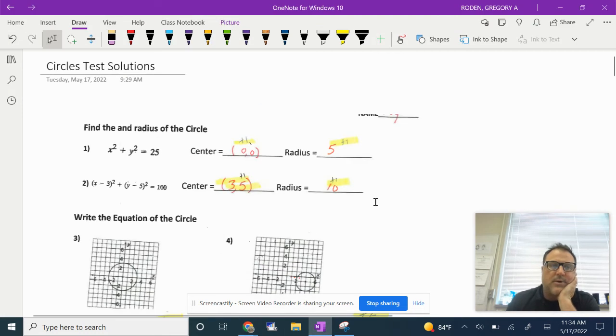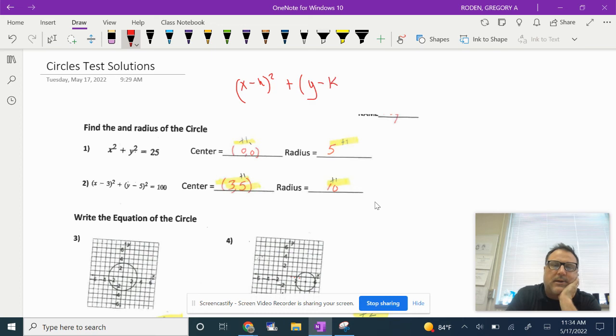All right, so for number one, it wants the center. And remember, when we're looking at a circle equation, it's always x minus h squared plus y minus k all squared equals r squared.